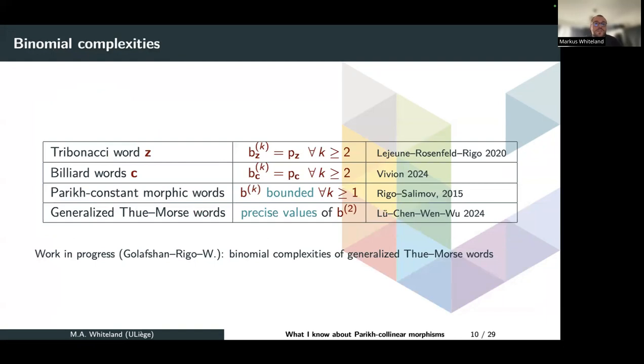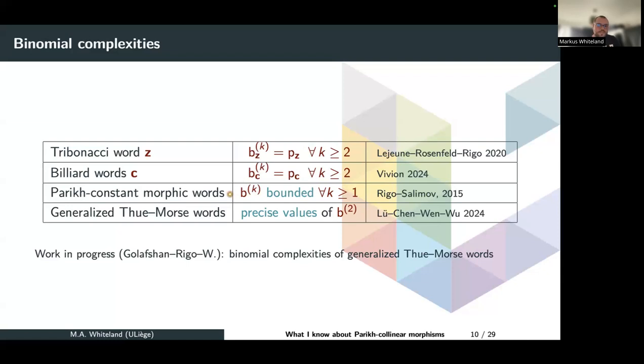So for the Fibonacci word, we also have this phenomenon where we get back the factor complexity function as soon as we're inspecting k-binomial complexities with k at least 2. The same holds for billiard words. This is recently announced by Léo Bibion.